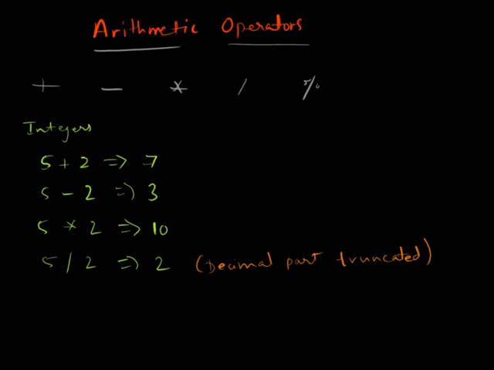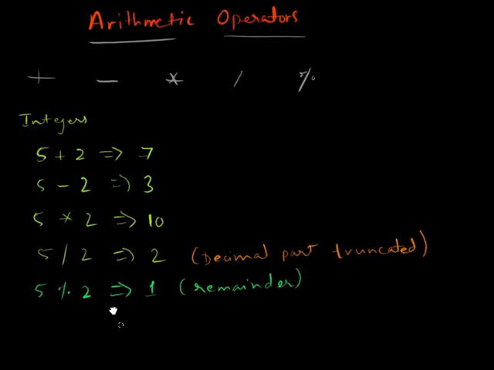Now let us look at this sweet modular division operator. So 5 mod 2 will give you 1. Let me show you how. 1 is actually a remainder of the division of 5 by 2.